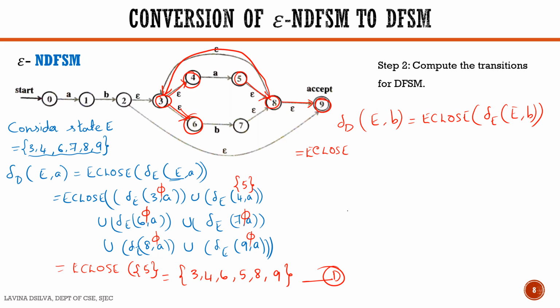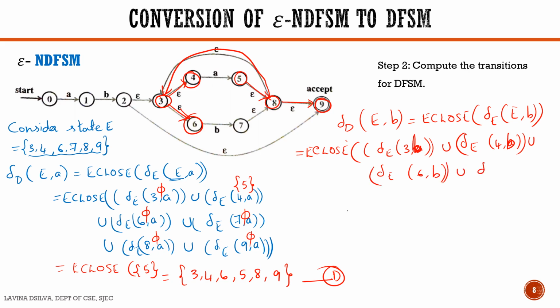E close of delta E of 3 comma B, union delta E of 4 comma B, union delta E of 6 comma B, union delta E of 7 comma B, union delta E of 8 comma B, union delta E of 9 comma B.